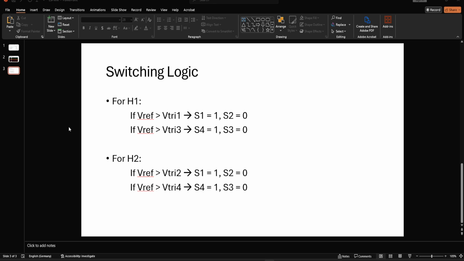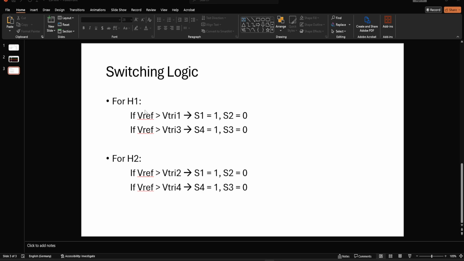Now, for the simulation purpose today, I will consider 2 H-bridges that are connected in cascade, and that will ultimately give us 5 levels in the output voltage. So if we want to calculate the switching PWMs for bridge H1 and H2, these are the logics.